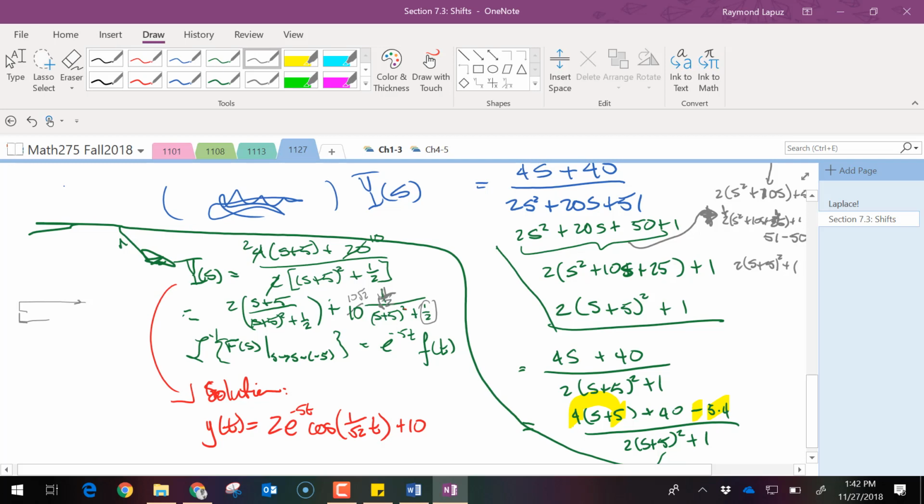Because if you multiply 10 √2 times 1 over √2, you get the number that you want, which is 10. So make sure we put a 10 √2 there times e to the -5t, and then this is a sine. Okay, done.